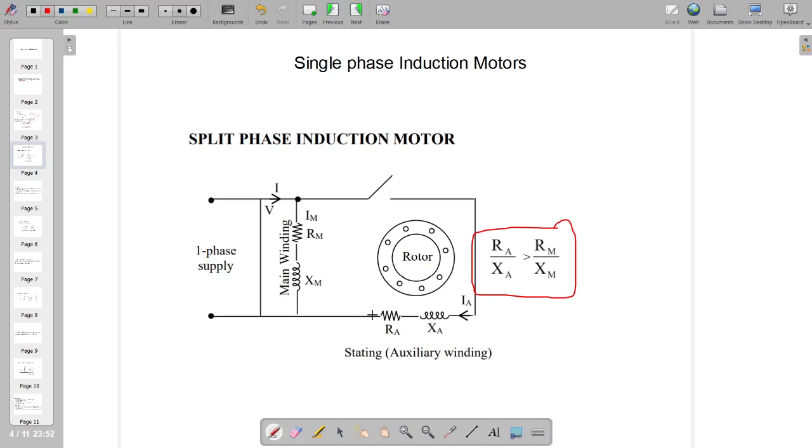So it has high resistance and low inductive reactance, so that the current Ia in the auxiliary winding is nearly in phase with the line voltage. Because of this, the currents in the two windings are not equal and the rotating field is not uniform. So the starting torque is small, in the order of 1.2 to 2 times the rated or running torque.